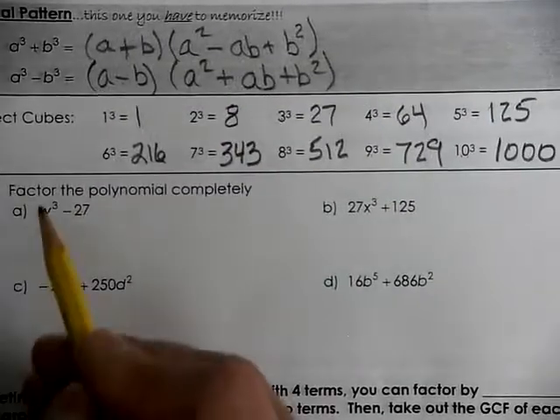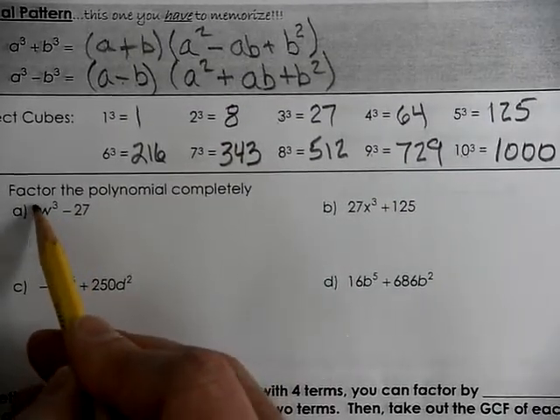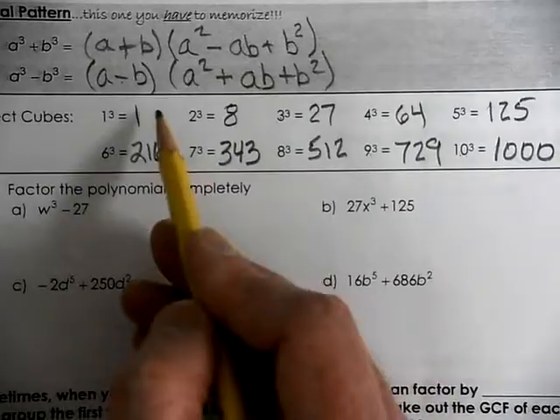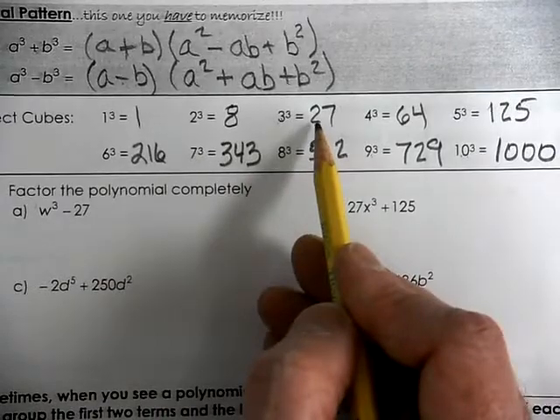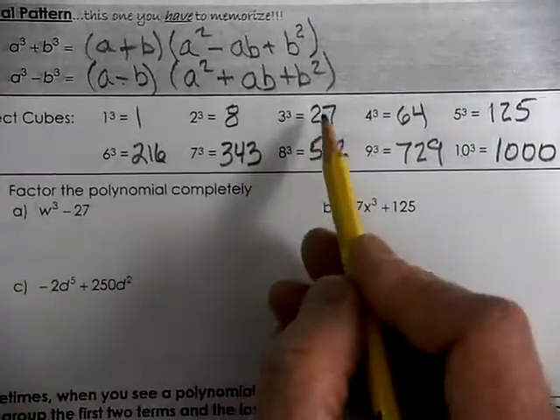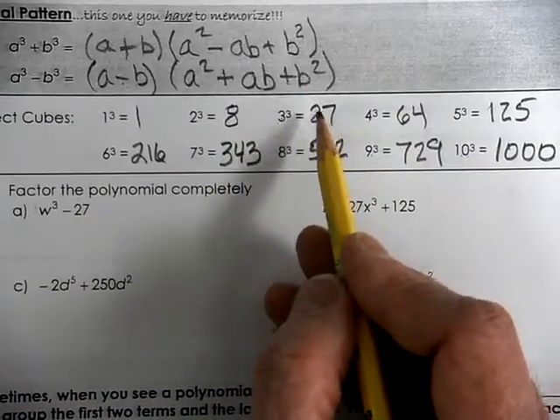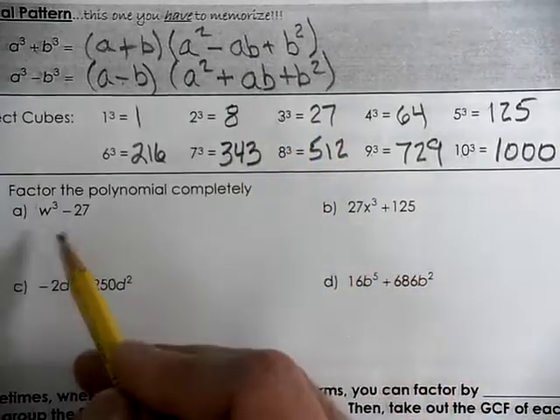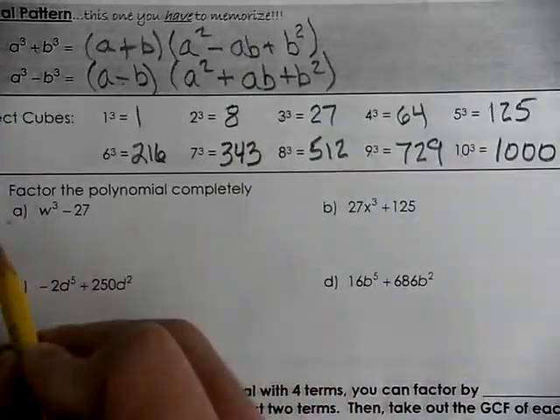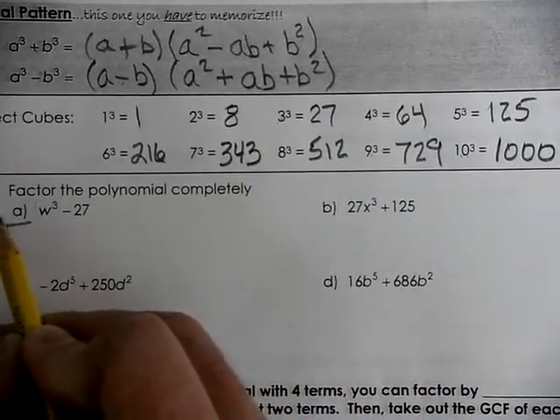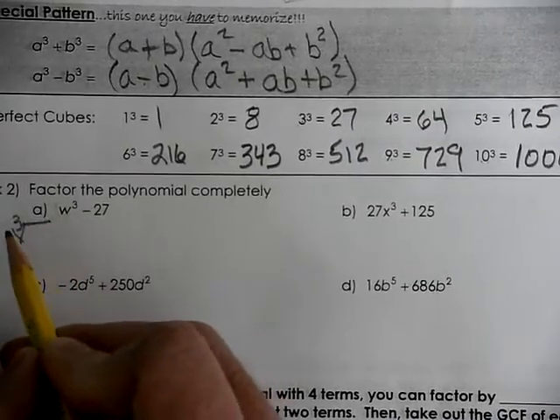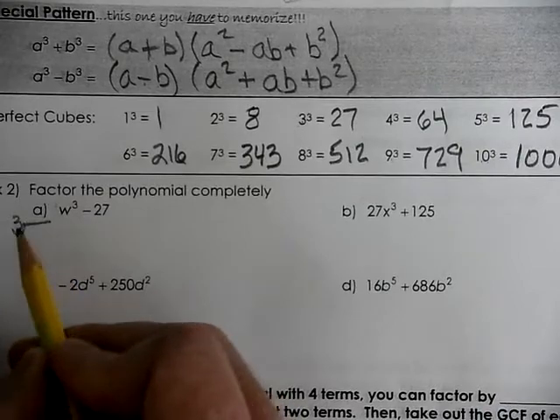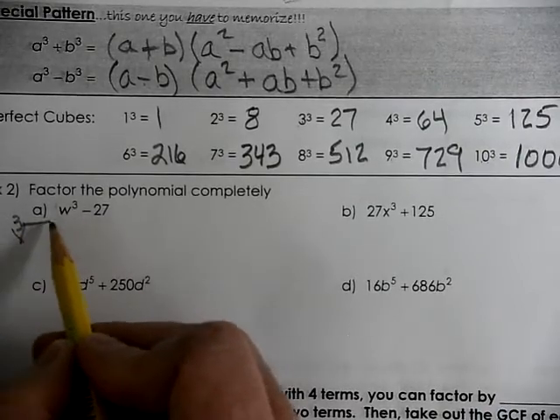Let's take a look at this first one. The leading coefficient is a 1, so 1 is a perfect cube. 27 is cube rootable. Take the cube root of 27, we get 3. So since it's a cube root, we put a little 3 inside what almost looks like a square root, but we put the 3 there, so it's a cube root.